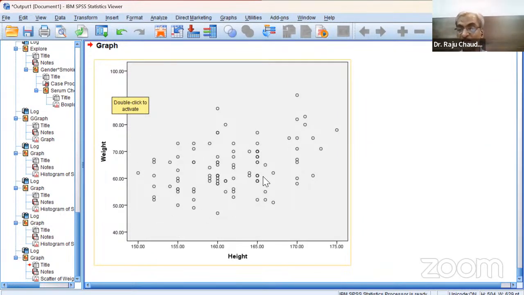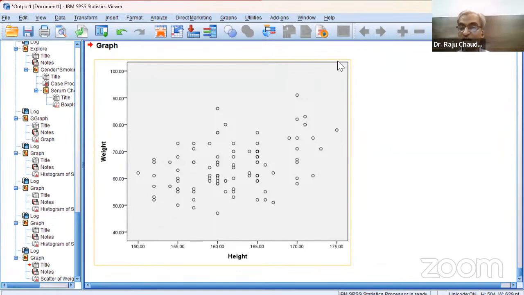It shows that there is a positive relationship between height and weight. So this scatter plot is useful in correlation and regression analysis, that is the last day's session. Okay, so this is how we can create a scatter plot, right?